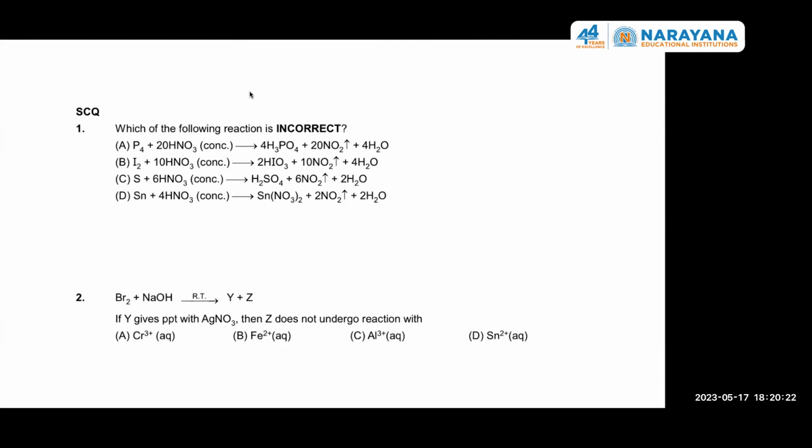Option D. Very good. Yes. In this very simple question, in case of Sn, the final product is not the nitrate, it is stannic acid H2SnO3, not Sn(NO3) twice. So for the incorrect case, the answer is D. Second one, C. Yes, second one is correct.